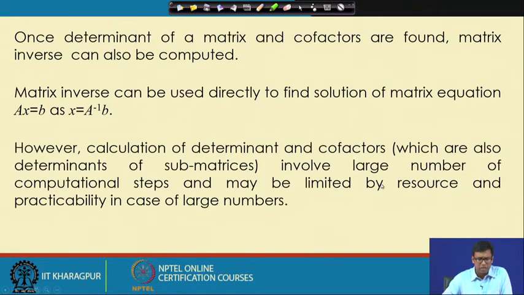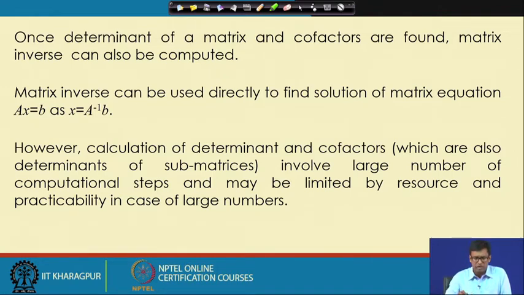However, the calculation of determinants and cofactors, we have seen, involves a large number of computations for large matrices, because each cofactor comes from a submatrix whose determinant again cannot be directly calculated if it is not a 2 by 2 matrix. Again we have to get cofactors of the submatrices and calculate their determinants and go up to a 2 by 2 or 3 by 3 smaller matrix.